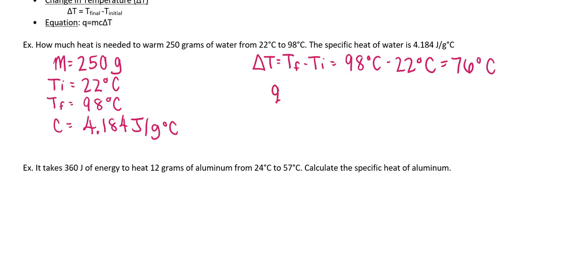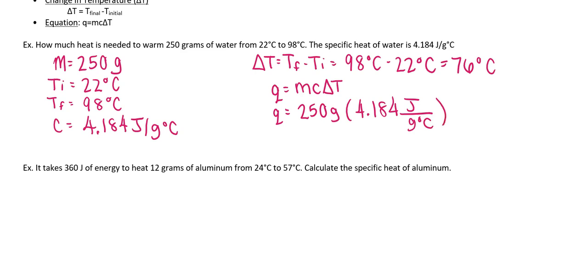Now all we have to do is plug in our variables to our MCAT equation. My mass, 250 grams. Specific heat capacity of water, 4.184 joules per gram degree Celsius. And my change in temperature was 76 degrees Celsius.